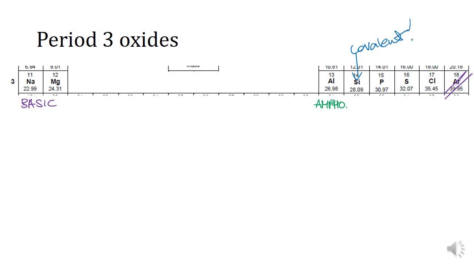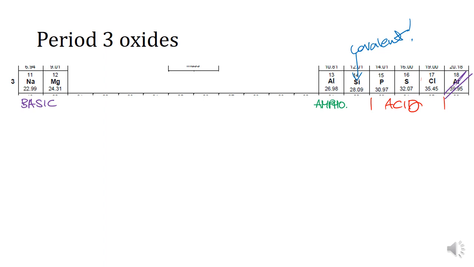Then think about the acid deposition unit that we did. We talked about sulfur oxides as being one of the main sources of acid rain. So phosphorus, sulfur, and chlorine are all acidic oxides.